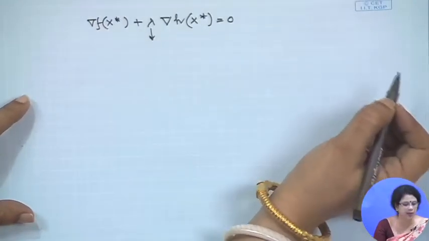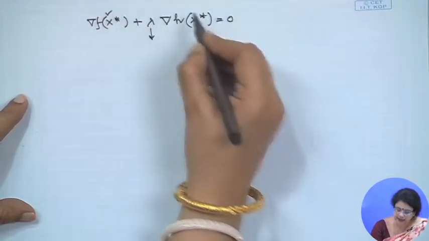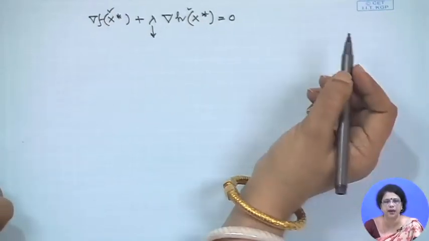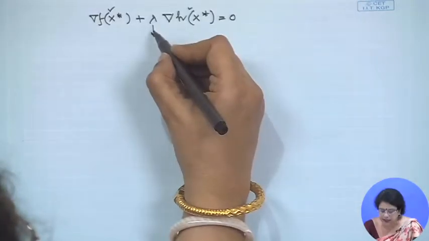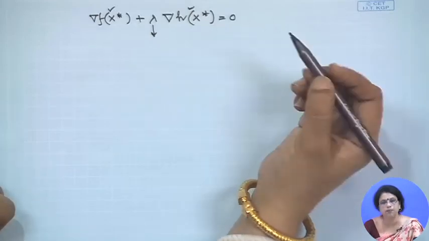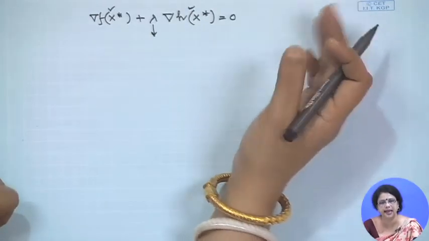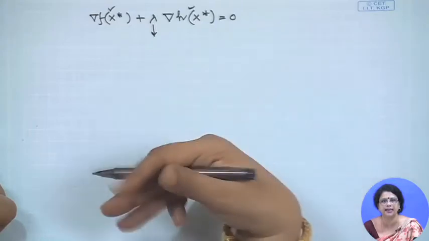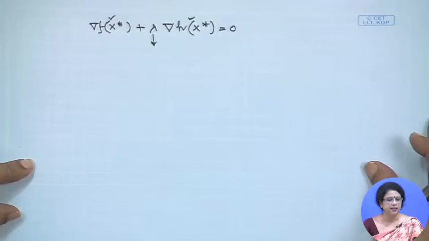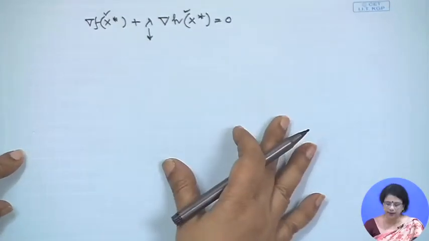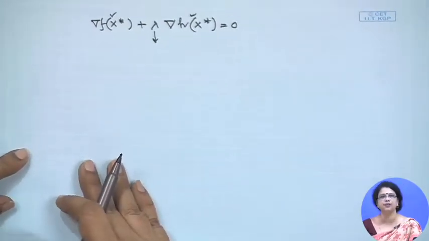Can we not say from here that these two vectors are parallel? Depending on the sign of lambda, we can say whether these parallel vectors are directed in the same direction or in the opposite direction. That part is clear. Now, the condition we get from the Lagrange theorem is the first order necessary condition. We do not know whether this condition is at all a sufficient condition or not.